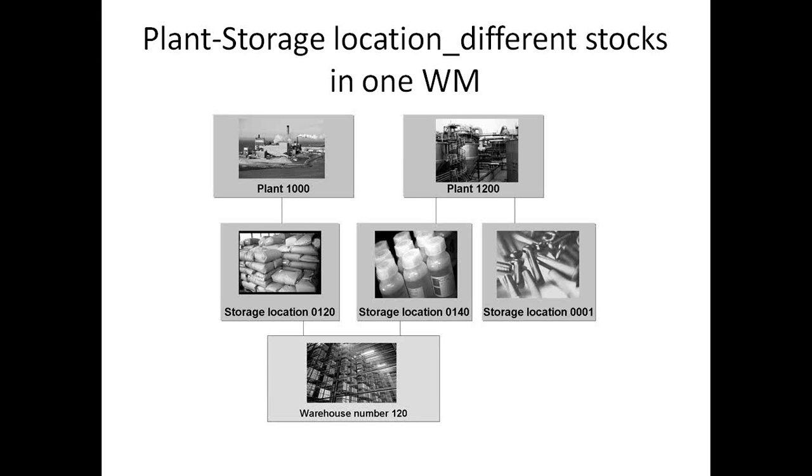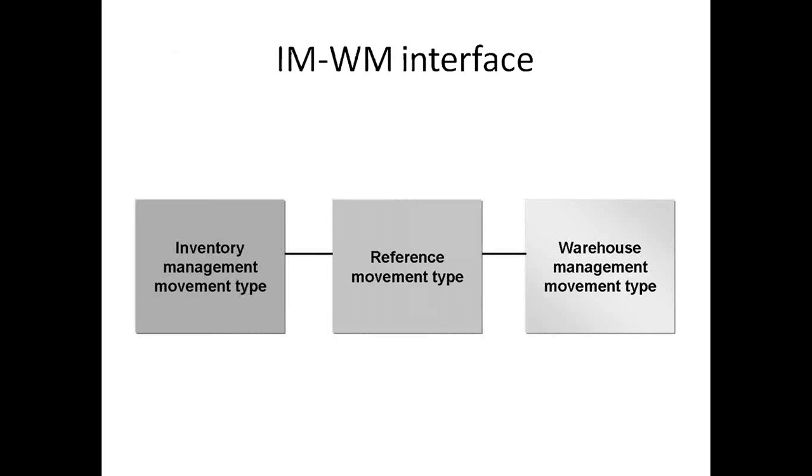Okay, the IM and WM interface. If you see this slide, here the inventory management movement types are linked to the reference movement type, and in turn it is linked to the warehouse management movement types.